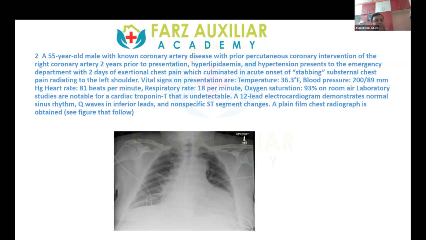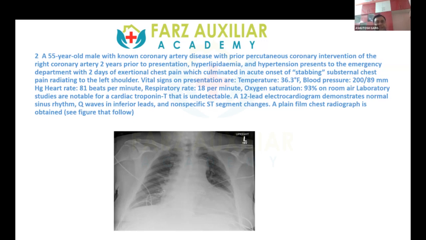Temperature 36.3, BP is 200/89, heart rate 81, respiratory rate 18, saturation 93%. Cardiac troponin T is undetectable, means negative trop T. 12-lead ECG showing normal sinus rhythm, Q wave inferior leads, and non-specific ST segment changes.